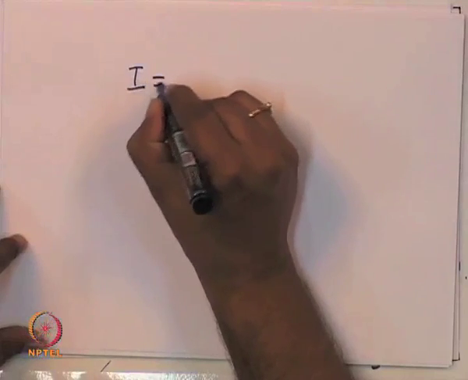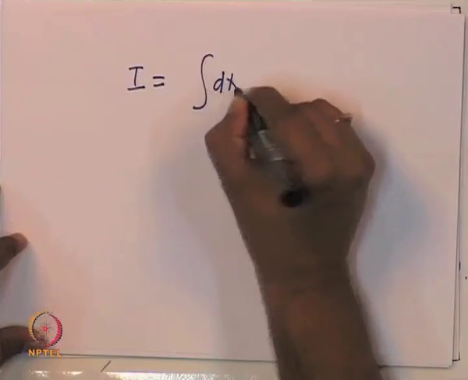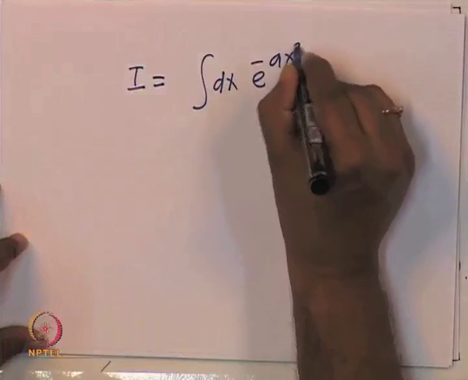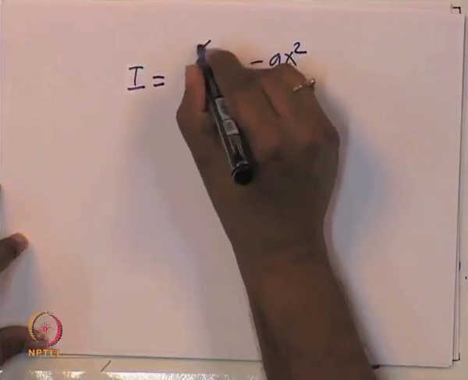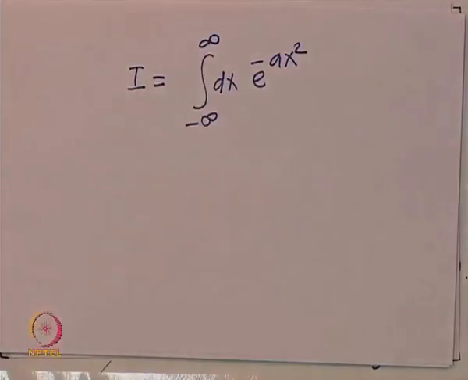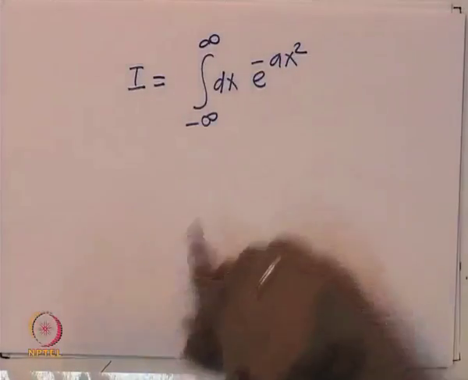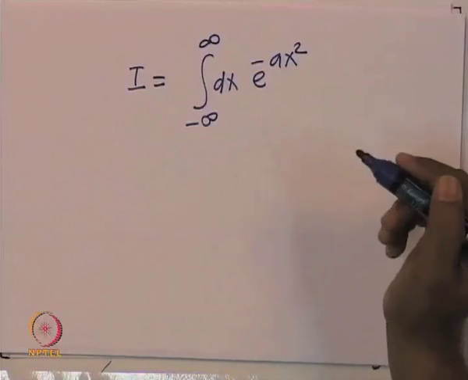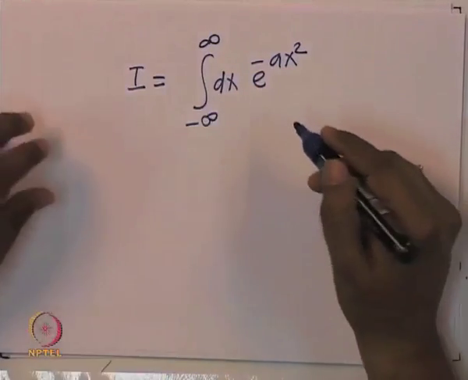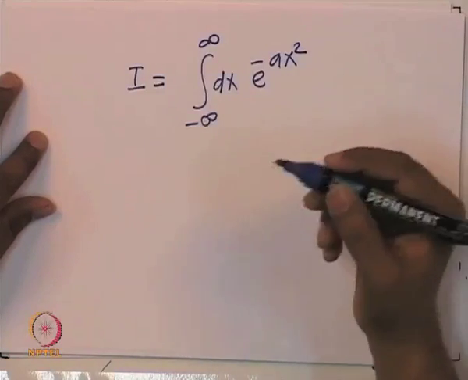Okay, so, let's discuss this. What we want is basically I is integral dx e power minus a x square from minus infinity to infinity. Now, x is the variable here. I could as well use y instead of x.